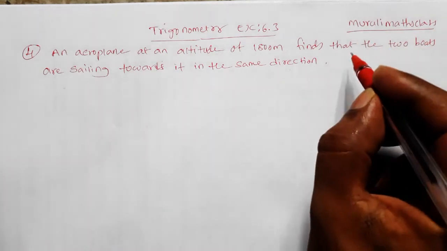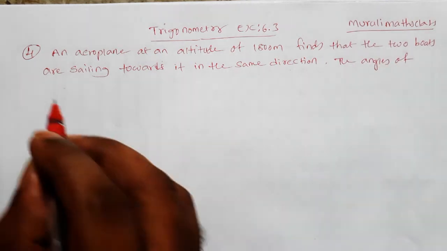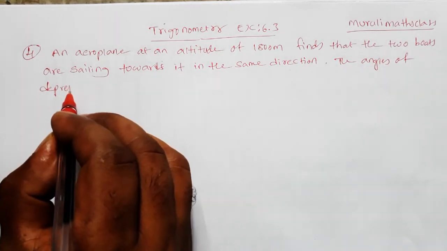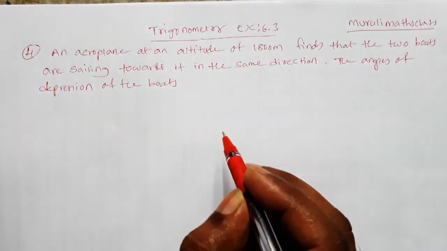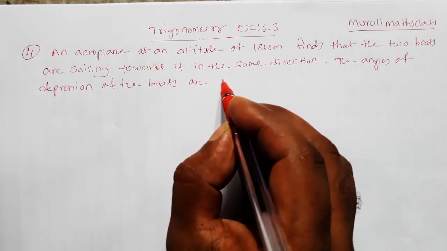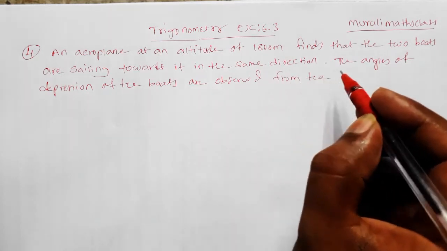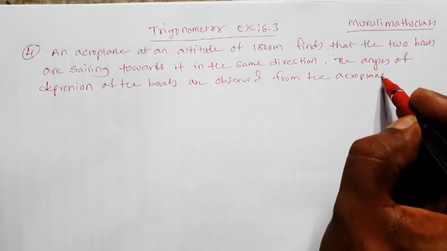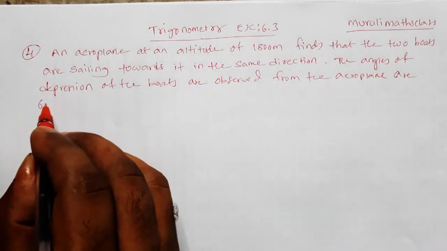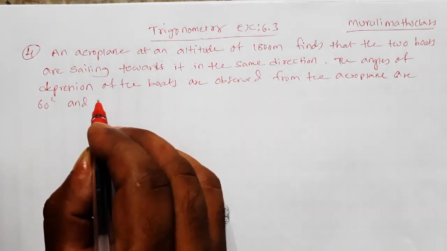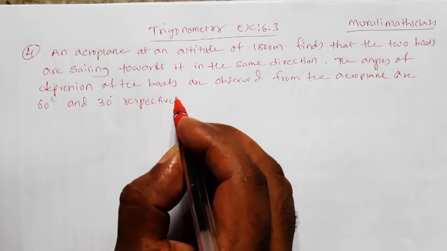The angles of depression of the boats, as observed from the aeroplane, are 60 degrees and 30 degrees respectively.